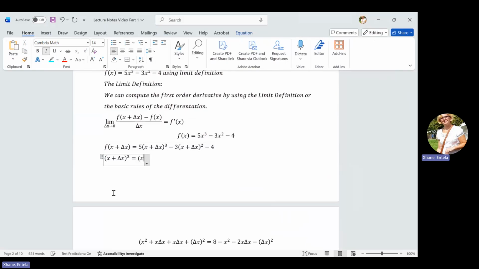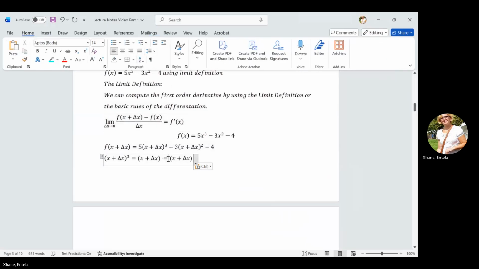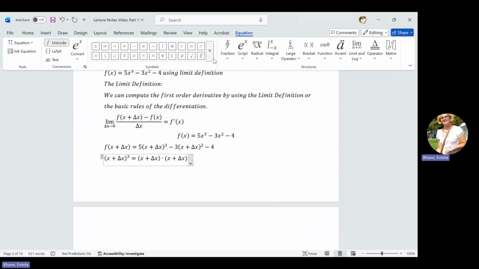So this one is the product of x plus delta x by itself 3 times. So what you're doing is you're multiplying this by itself 3 times. Here's another multiplication notation.